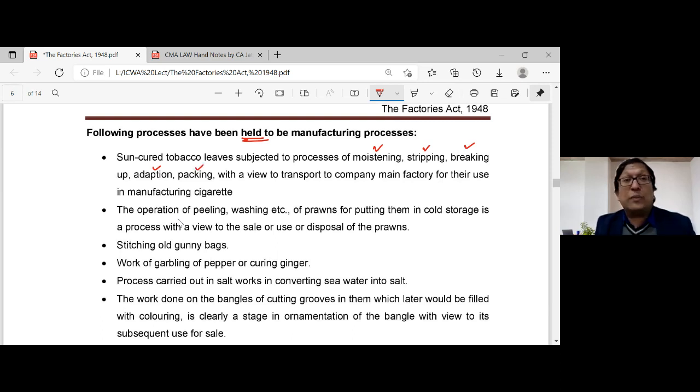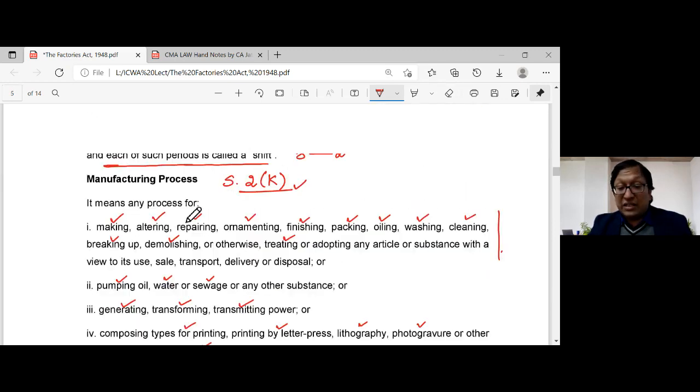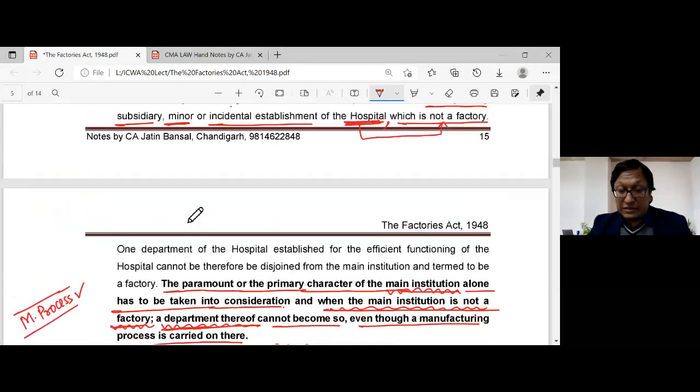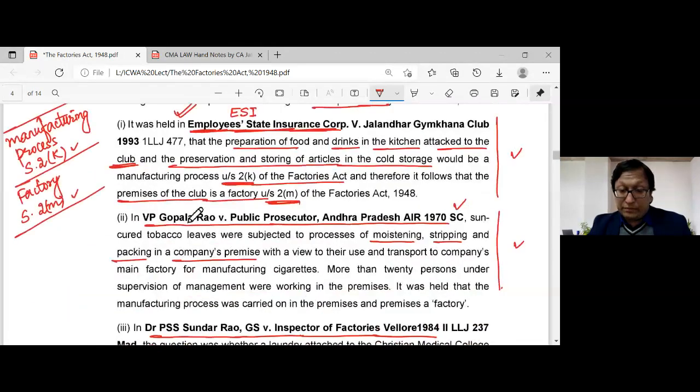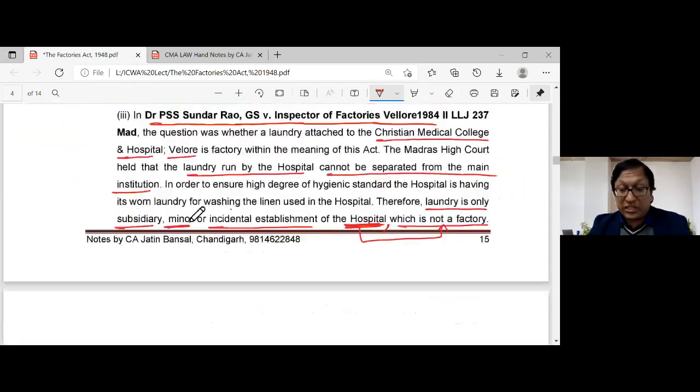With a view to transport to the main factory of the company, where these things will be used for manufacturing cigarettes. This is the case we discussed, VP Gopala Rao versus Public Prosecutor, Andhra Pradesh.